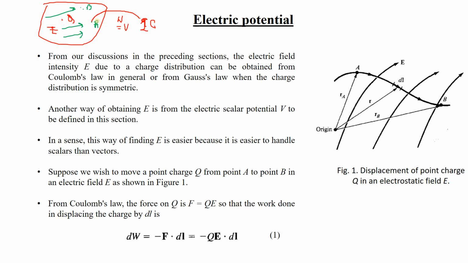Since the electric field is there, it will not allow you to do that, because this charge Q is exerting some force on it. Suppose this is positive 1 coulomb.